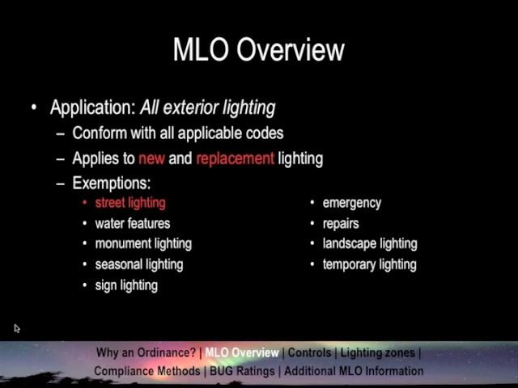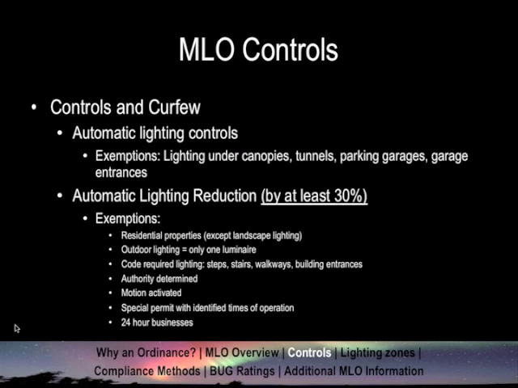I've highlighted street lighting because, as an option at the very end of the Model Lighting Ordinance, we have an optional code for street lighting, and that's only if the community wants to regulate itself. But otherwise, all these other things can be added to. These were just the items that the Model Lighting Ordinance Task Force decided were important.